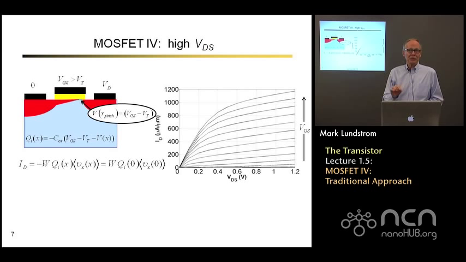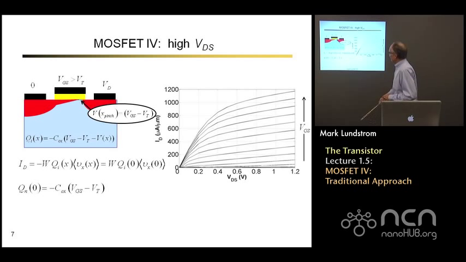I'll get the same answer everywhere because current is continuous, but I want to pick the point where it's easiest to compute the current. That point is at the beginning of the channel where x equals 0. Because at x equals 0, the potential in the semiconductor is 0, so the charge is just minus Cox times Vg minus Vt. There's no voltage in the semiconductor to subtract.